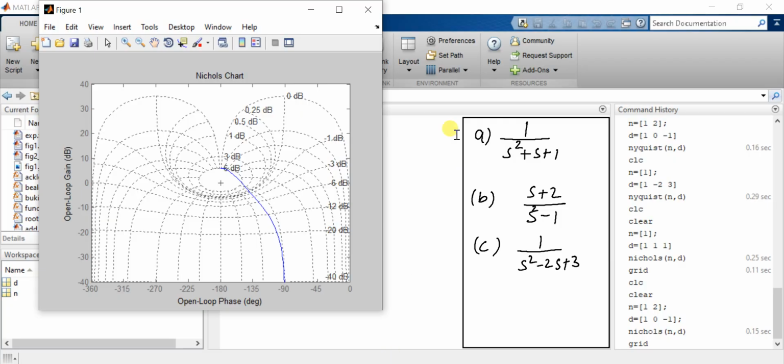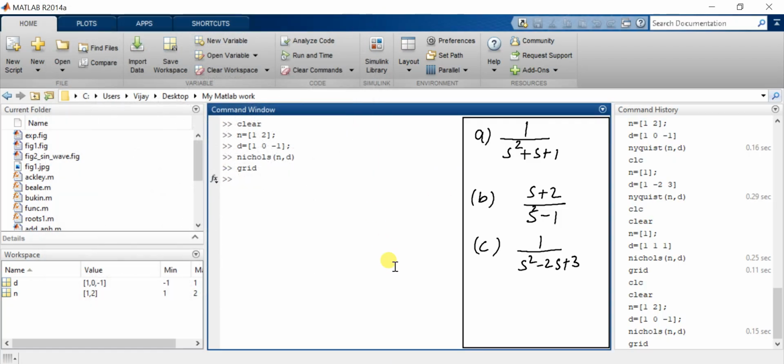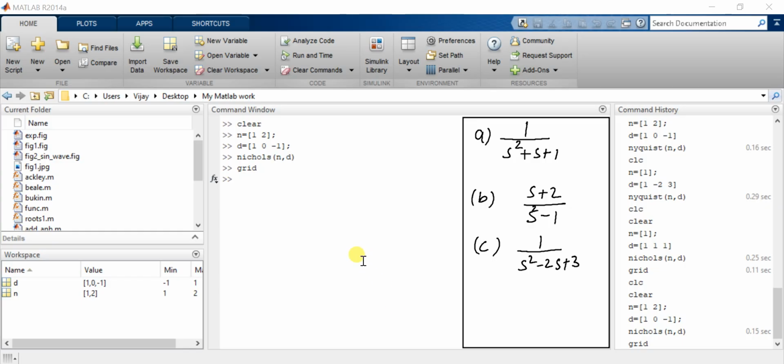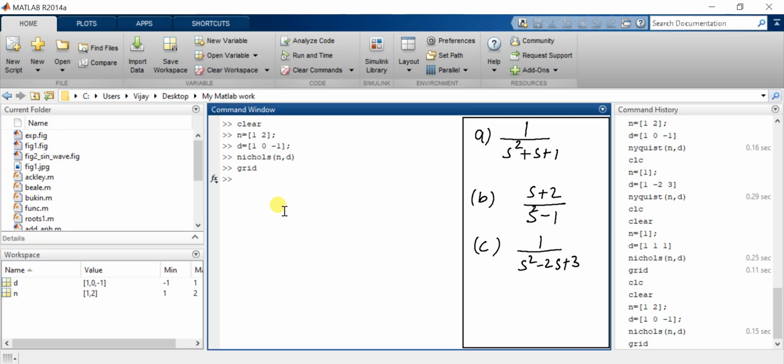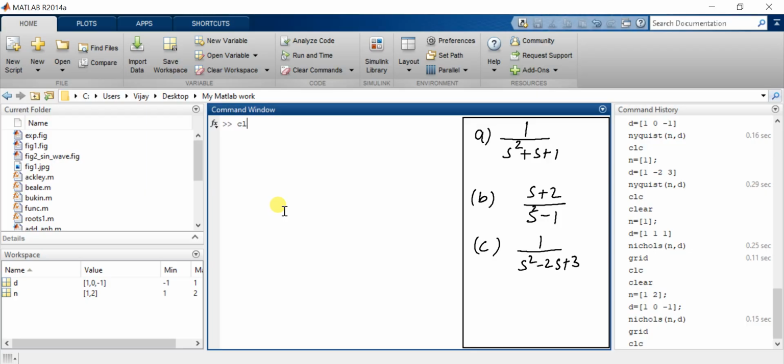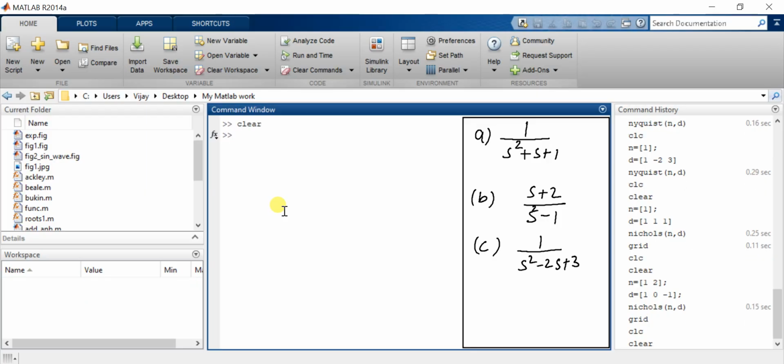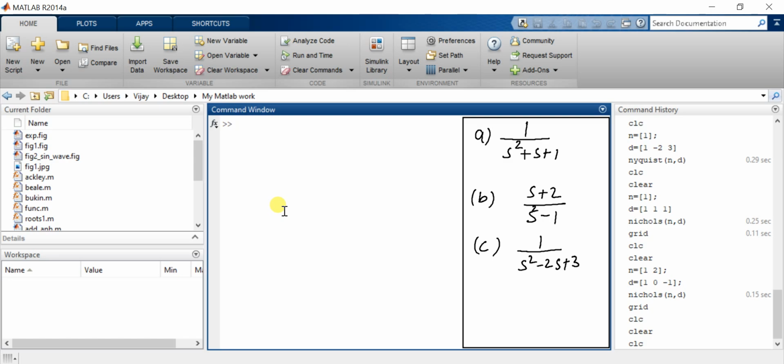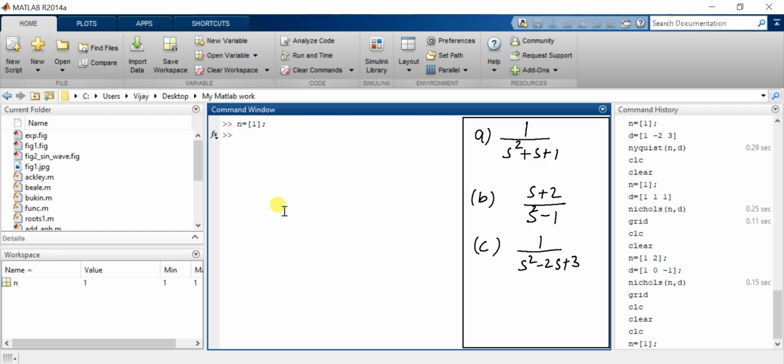Let's try to code for the third system. Here you can see that n equal to 1 and d equal to 1, -2, 3.